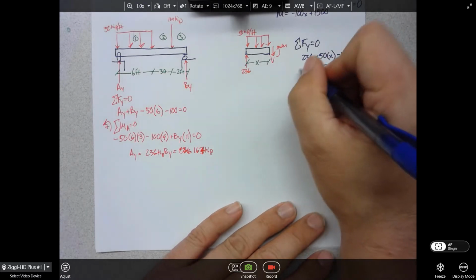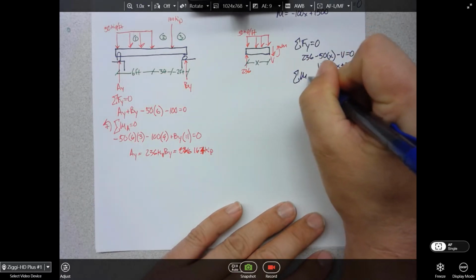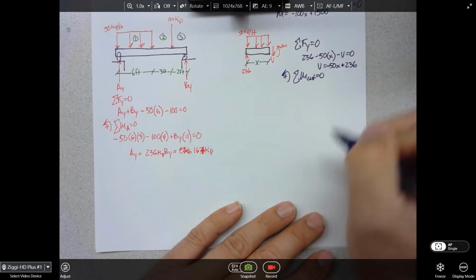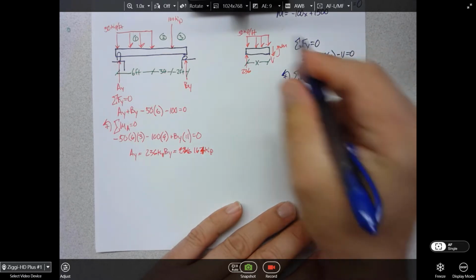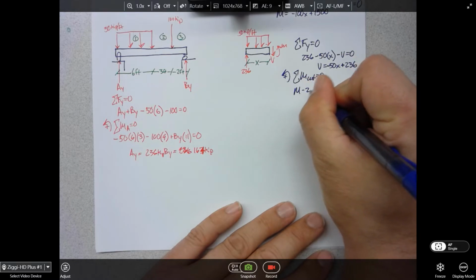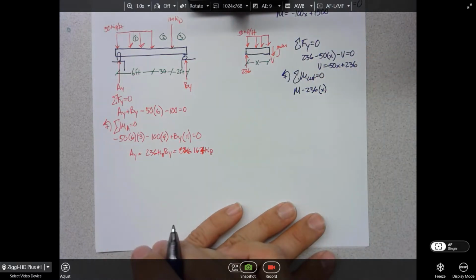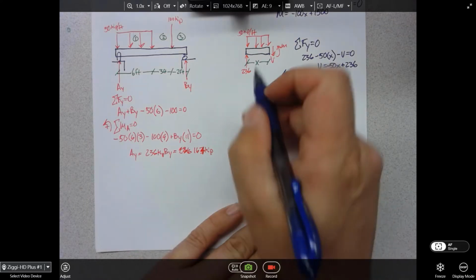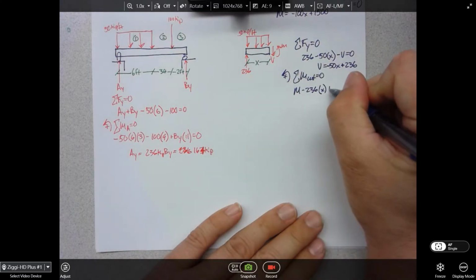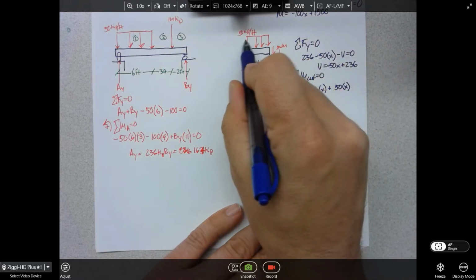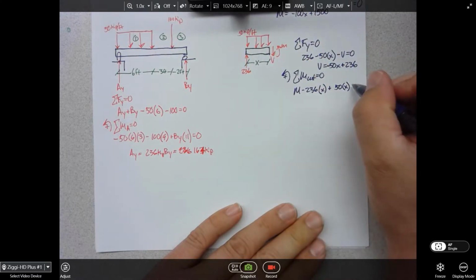Let's go for the moments now. The sum of the moments about the cut has to equal 0. Counterclockwise, we'll have M minus 236 times x, that's this 236 here, plus 50 times x, which gives me the resultant of this, times its distance, which is x over 2.